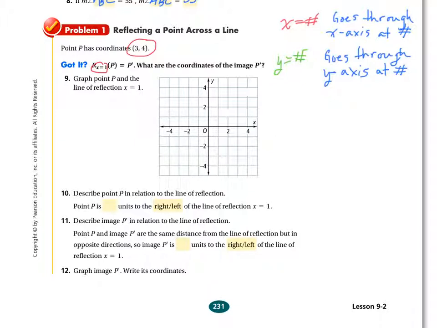So it goes through what axis? X-axis at what point? So is that a vertical or a horizontal line? Okay, so you might want to add to our notes up here that this is a vertical line. And so this one's a horizontal line.